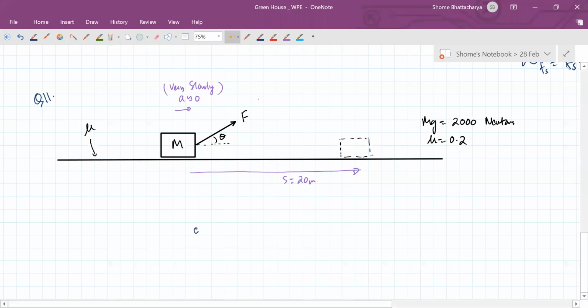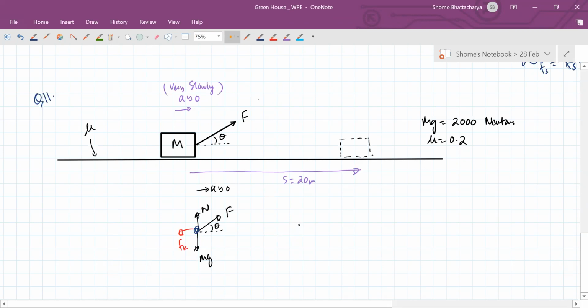Okay, so first of all, let's understand the free body diagram. The forces acting on it are this external force, weight, normal reaction, kinetic friction, such that its acceleration is almost zero, because it's moving very slowly. Okay.